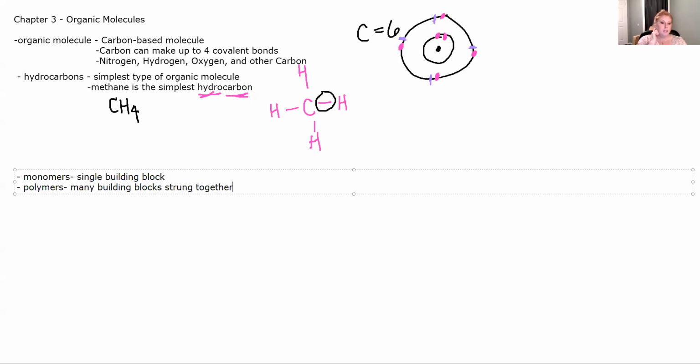Okay, so let me switch back to my pen. All right. So if I have my block here, you can literally think of a block if you want. It's easier to picture. My single block is a monomer.